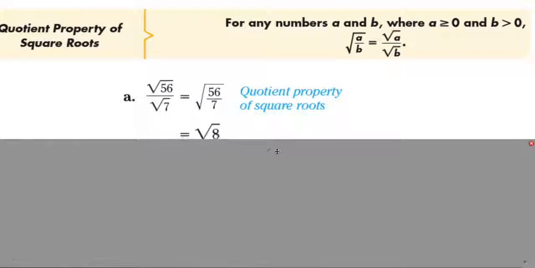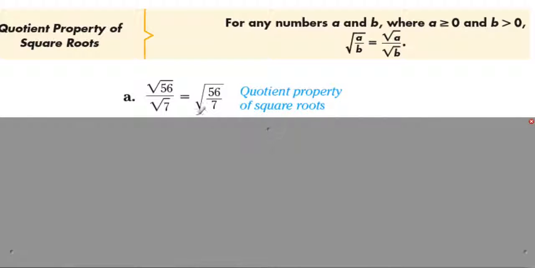Let's take a look at a: radical 56 over radical 7. Using letter A, you have radical 56 over radical 7.